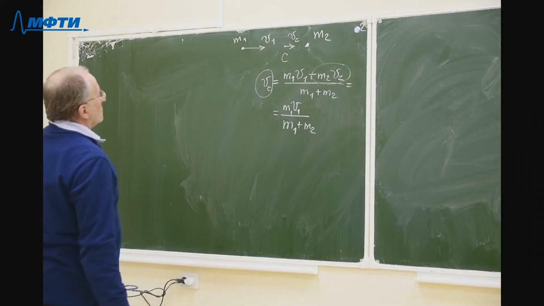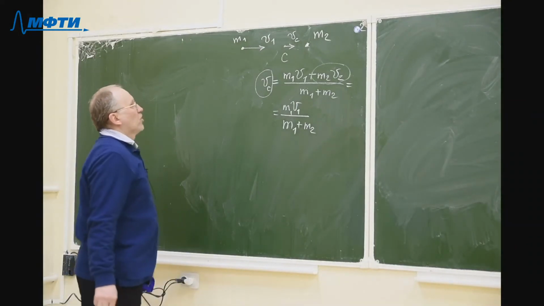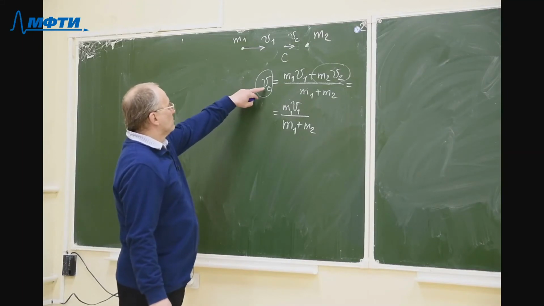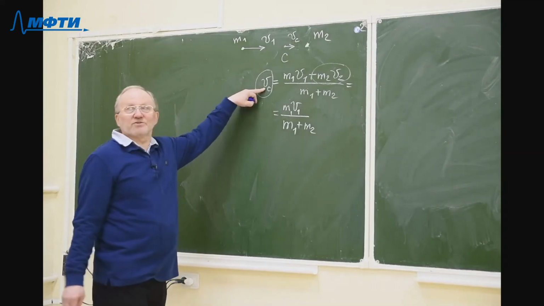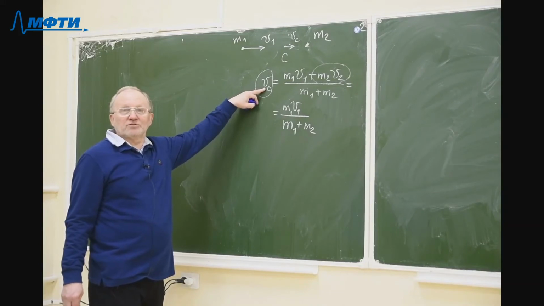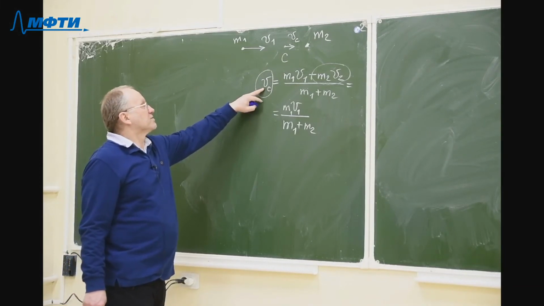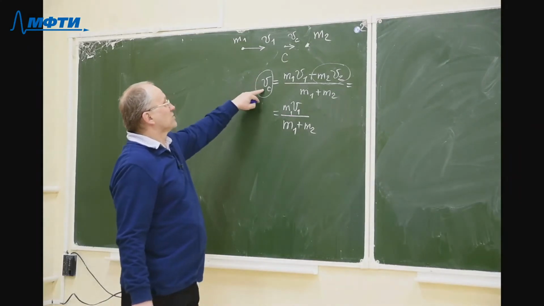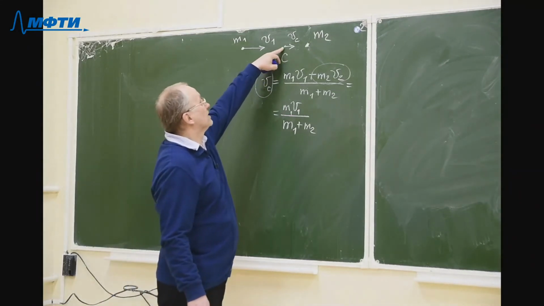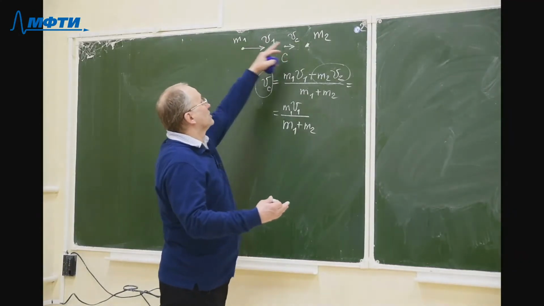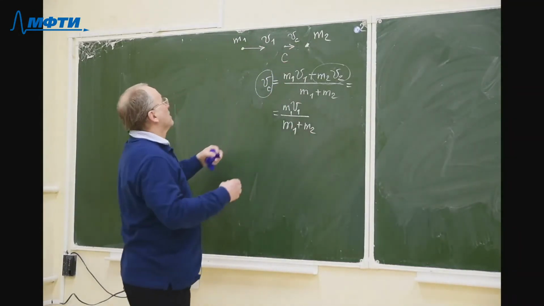And if I want to consider this problem in the reference frame attached to the center of mass, what should I do? How will all the velocities change? All the velocities will somehow change if I consider this problem from the center of mass. If I move together with the center of mass, then the velocity of each particle will be different. How to calculate it?